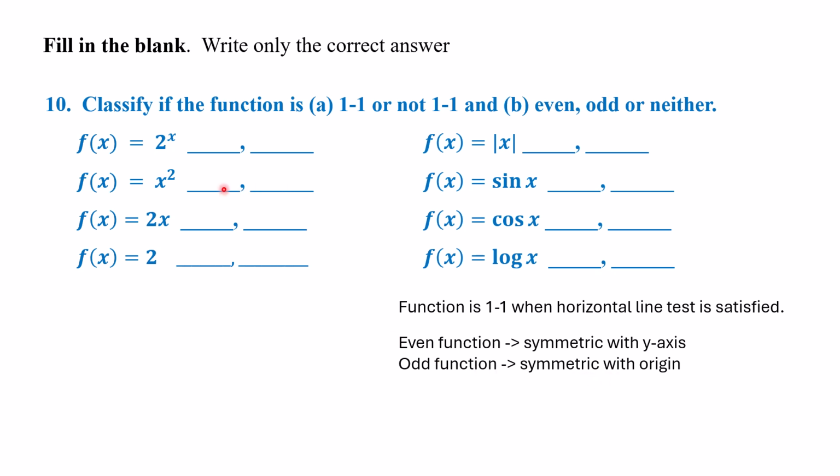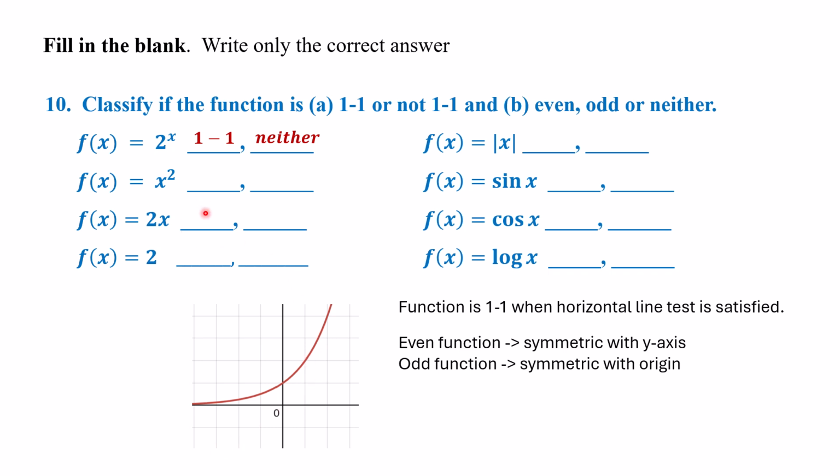Since all of these are basic functions, let us try to sketch the graph of each. For example, 2 to the x is an exponential function, an increasing function because a is greater than 1. We can see here that it's one to one using the horizontal line test, and this is not even, not odd, so it's neither, because there's no symmetry in the y-axis and no symmetry at the origin.